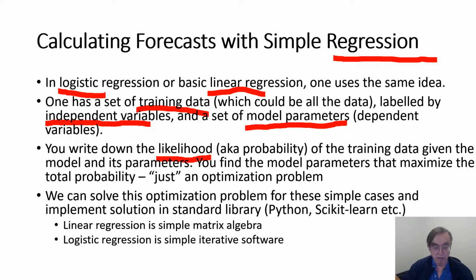This is the famous maximum likelihood principle, and you find the model parameters that maximize this likelihood, and that is just an optimization problem. We have later on a few remarks on optimization.